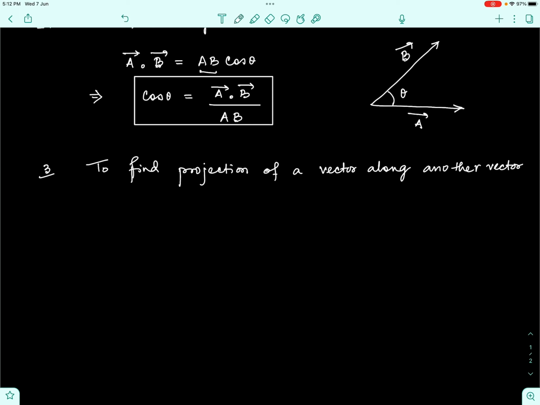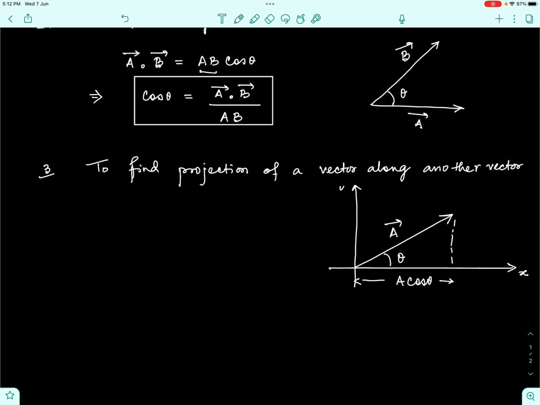The only difference is when we usually find out component of a vector, we find it out along a standard direction. For example, along the x-axis, when we try to find out the component of vector A, it is given by A cos theta, isn't it? This particular length is the component of vector A along the x-axis. Similarly, when we find it out along the y-axis, it is A sin theta, the component of vector A along the y-axis.